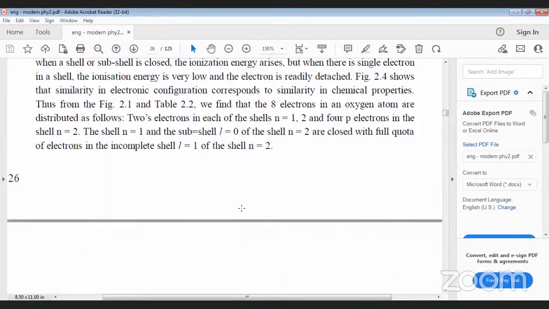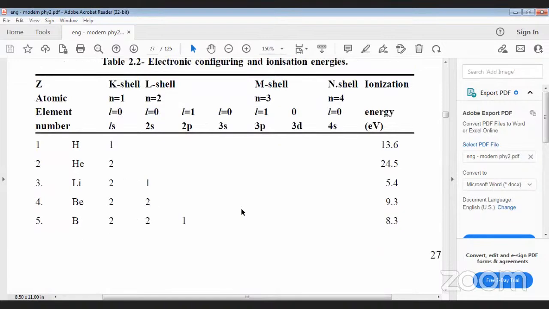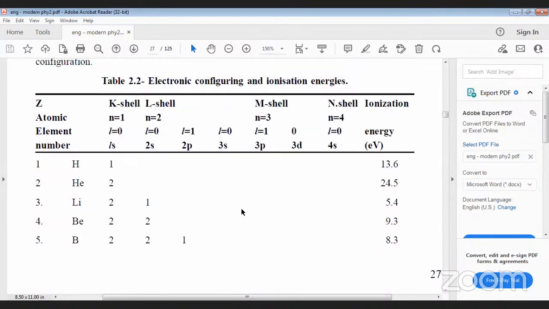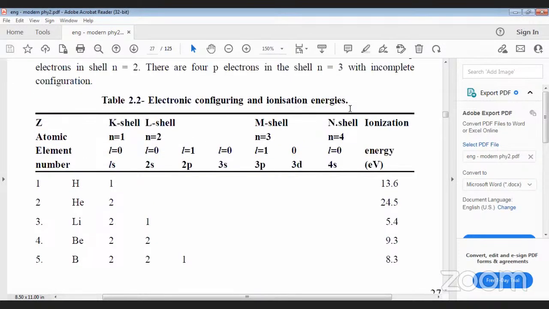Next, the periodic table. You need not worry about that here. The electronic configuration and ionization energies are given. Hydrogen, see here, 13.6 electron volt, the most important bit. Z is the atomic number.